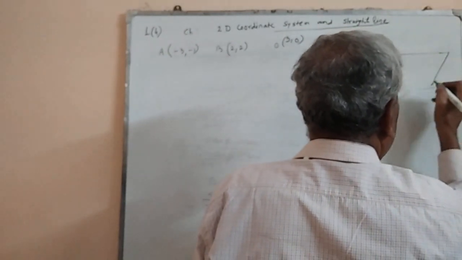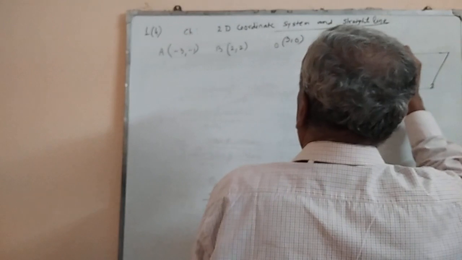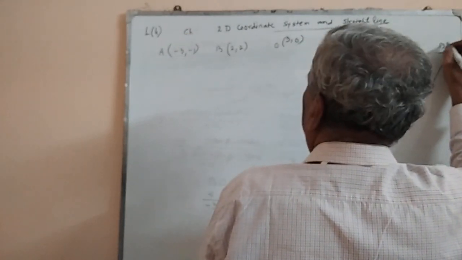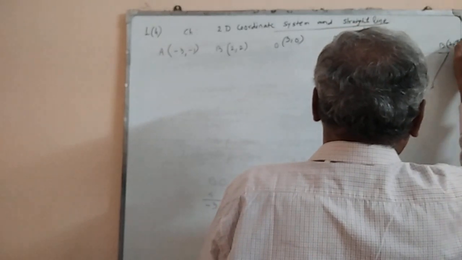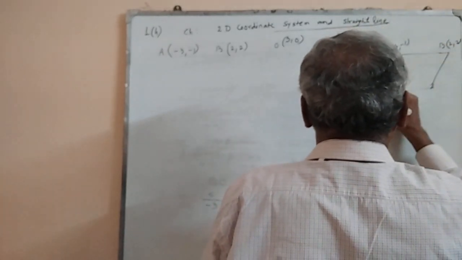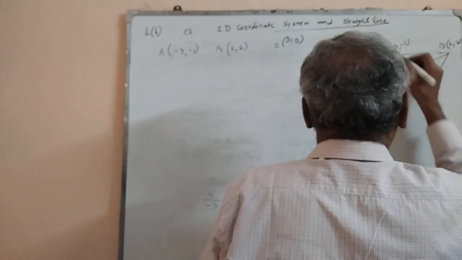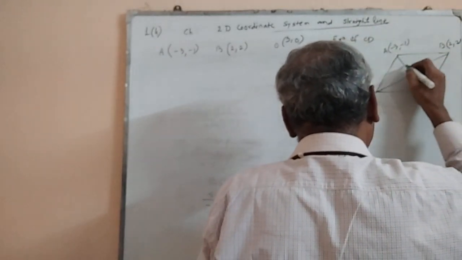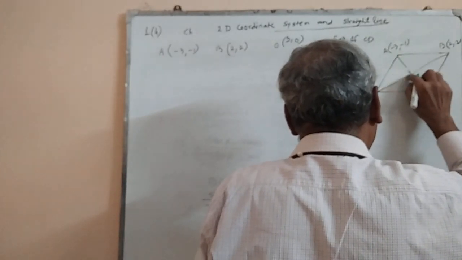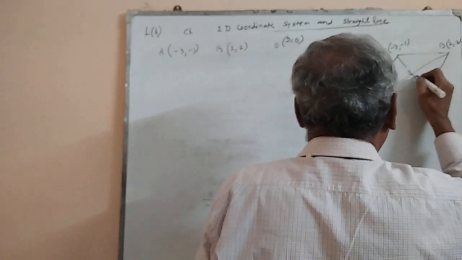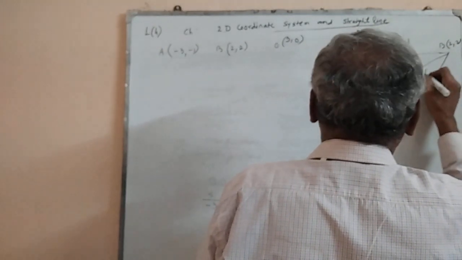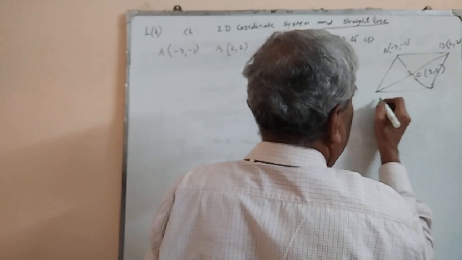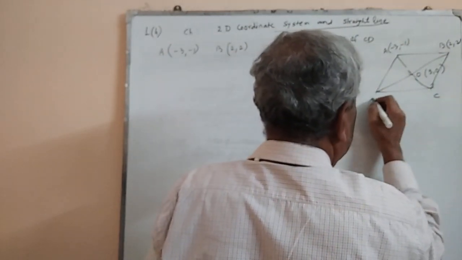And this is a diagonal, this is another diagonal. They meet at the point O, whose coordinate is (3, 0). You have to find the equation of CD.